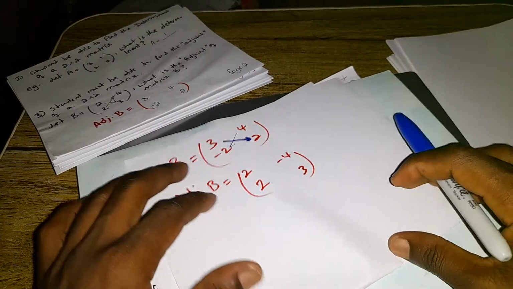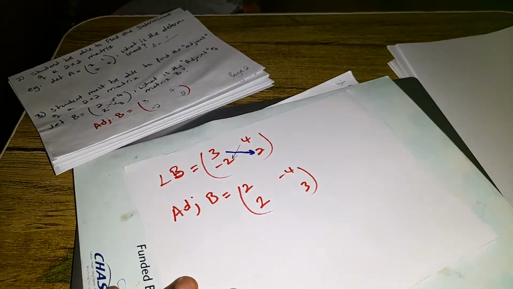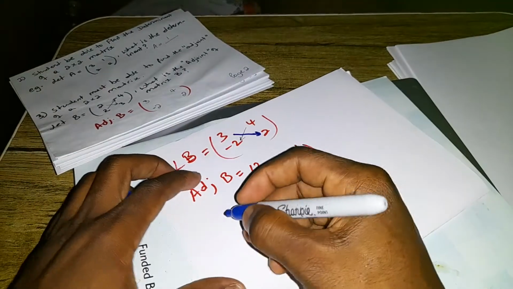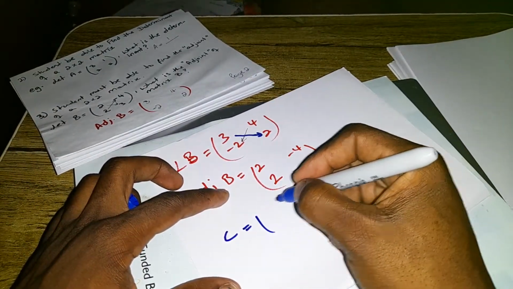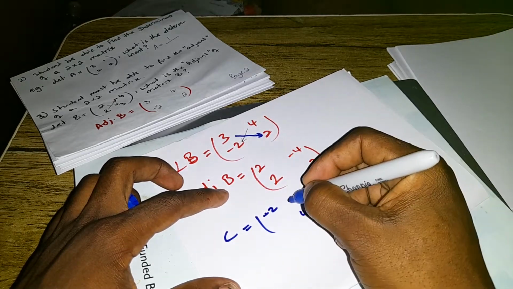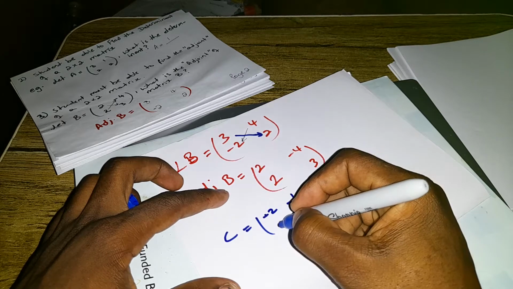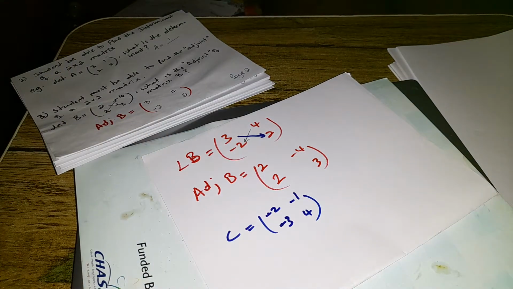But can I quickly do another one just in case you're not sure? You can always look back still. All right, let us use the letter C. The matrix is negative 2, 4, negative 1, negative 3. They've said find the adjoint.